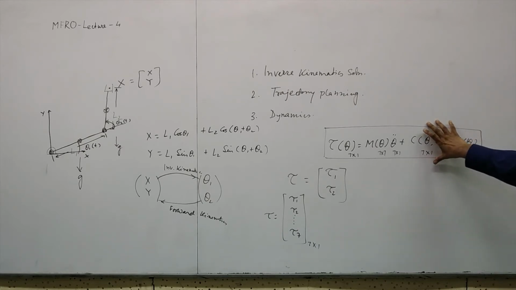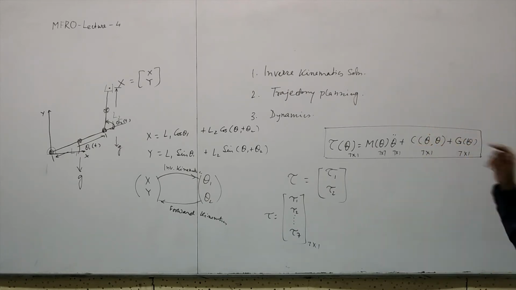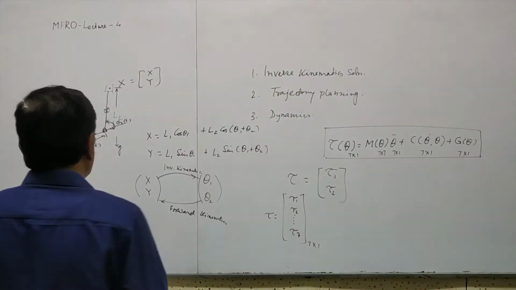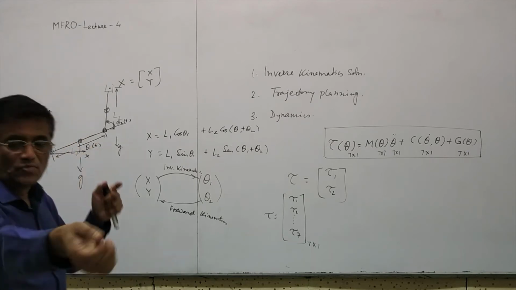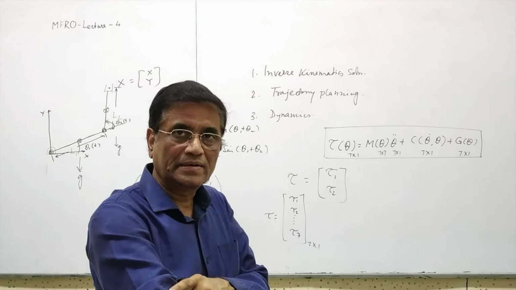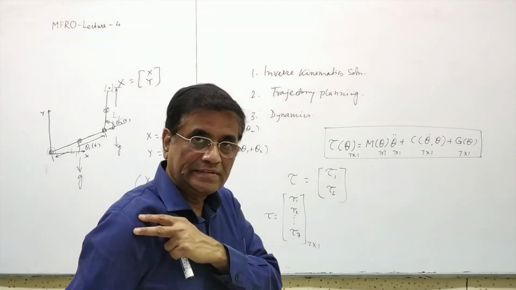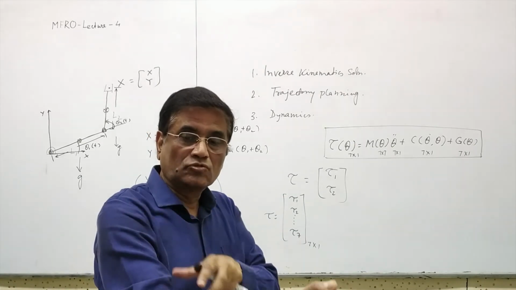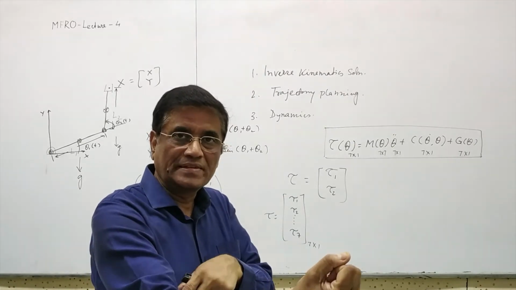What is this? This is centrifugal and Coriolis torque. Now, when my hand is moving, this end moves with respect to this joint, and this joint is also moving. Now this motion has a coupling, so there is a coupling effect on this joint.